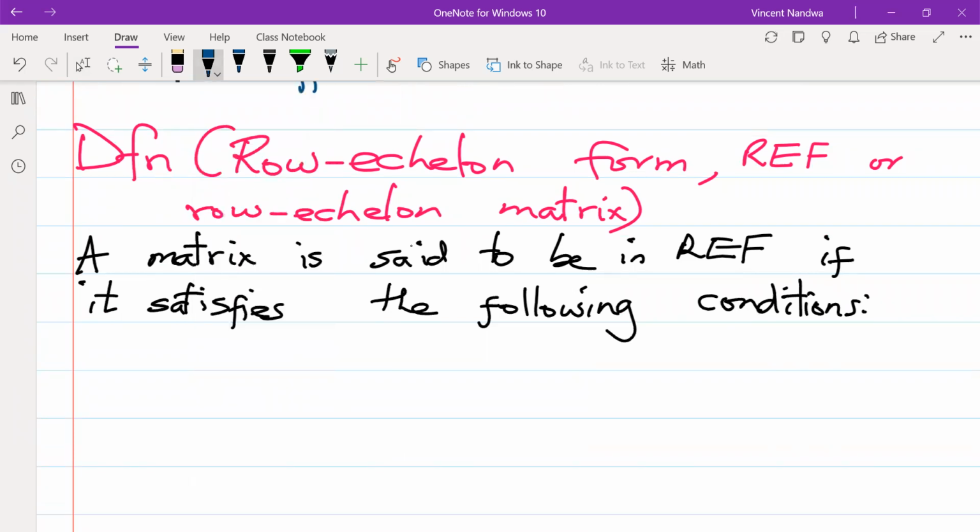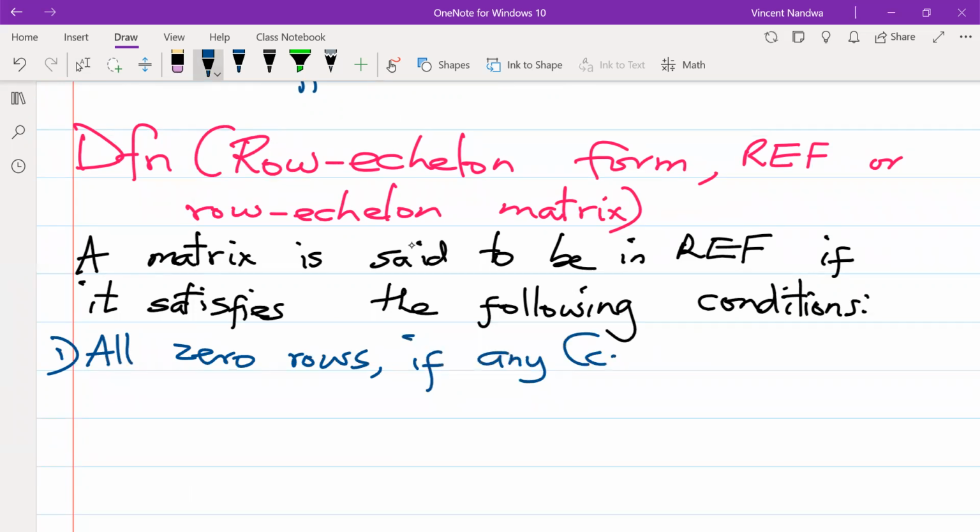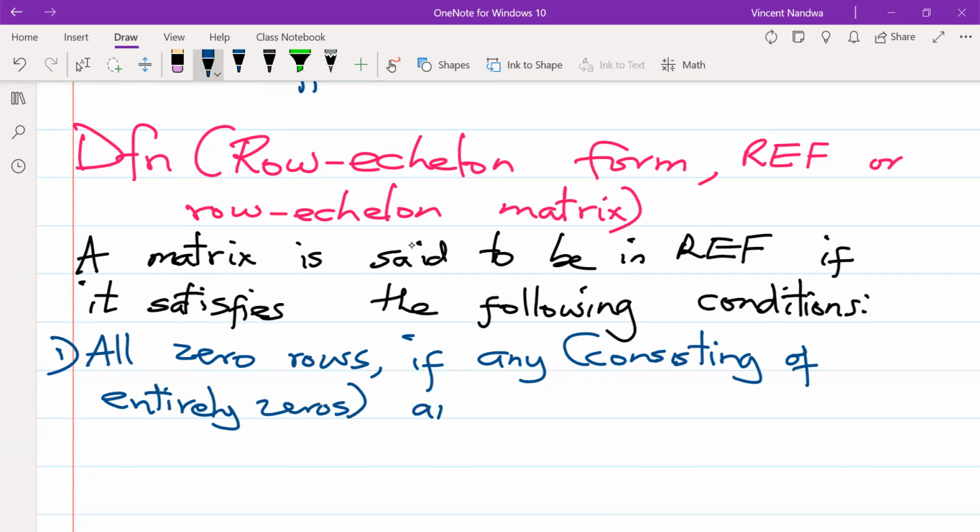So the first condition: all zero rows, if any, are at the bottom.